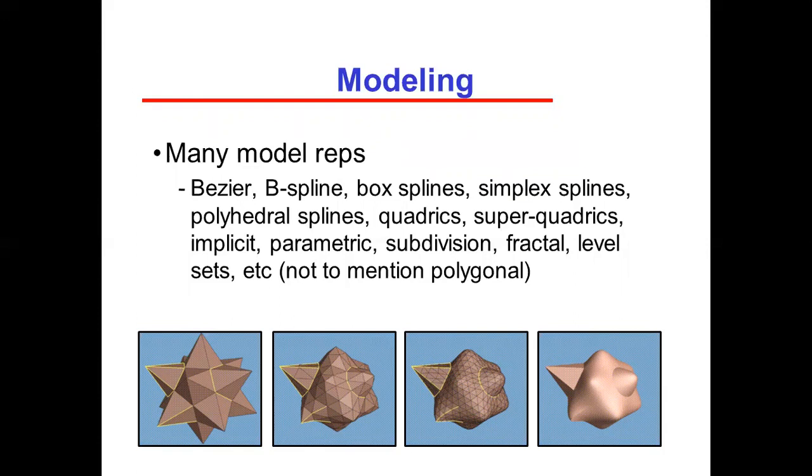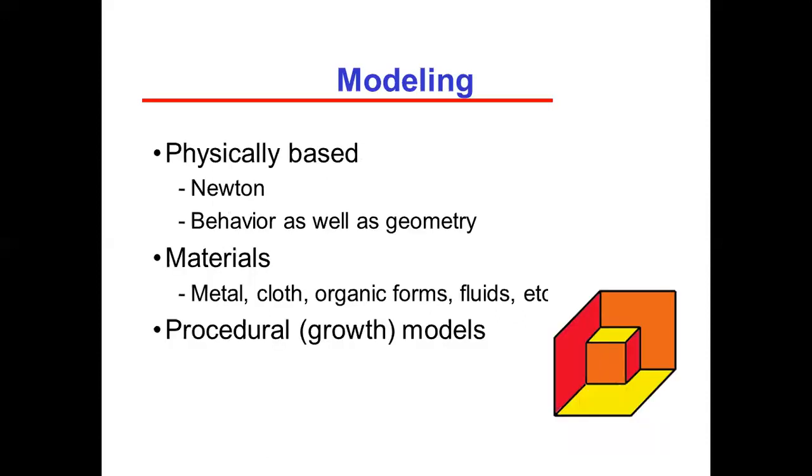So the model representation can be done with the help of different types of curves. First one is the Bezier and B-spline and so on. So we can get a good image, or we can implement a new image that is called the model, with the help of different lines and curves. Again, the examples of modeling depend on physically based models, also on material and procedural growth. So there are also the procedural models.